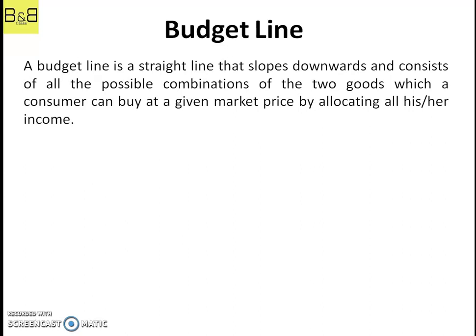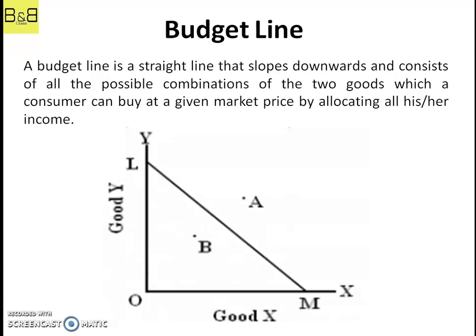I have provided the definition. A budget line is a straight line that slopes downward and consists of all the possible combinations of the two goods which a consumer can buy at a given market price by allocating all his or her income. In the figure, if OM is the maximum quantity of good X and OL is the maximum quantity of good Y that a consumer can purchase at a given market price, then LM will be the budget line.